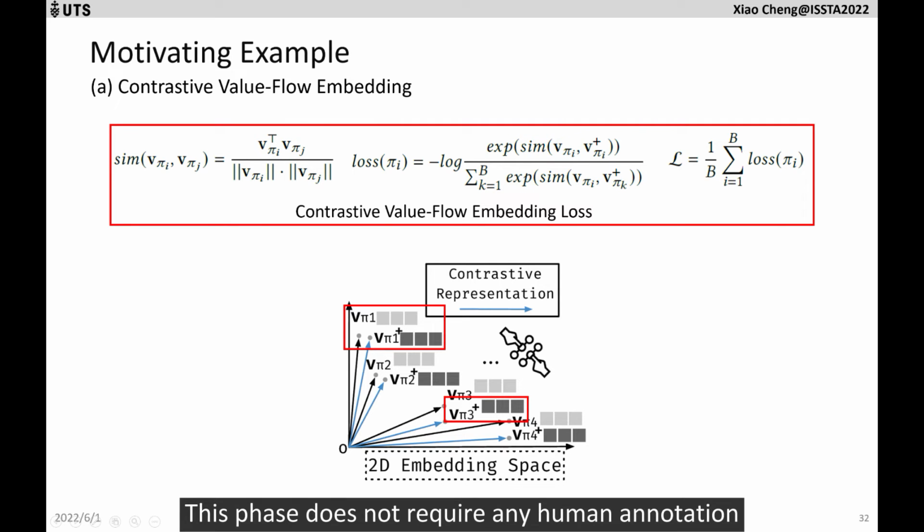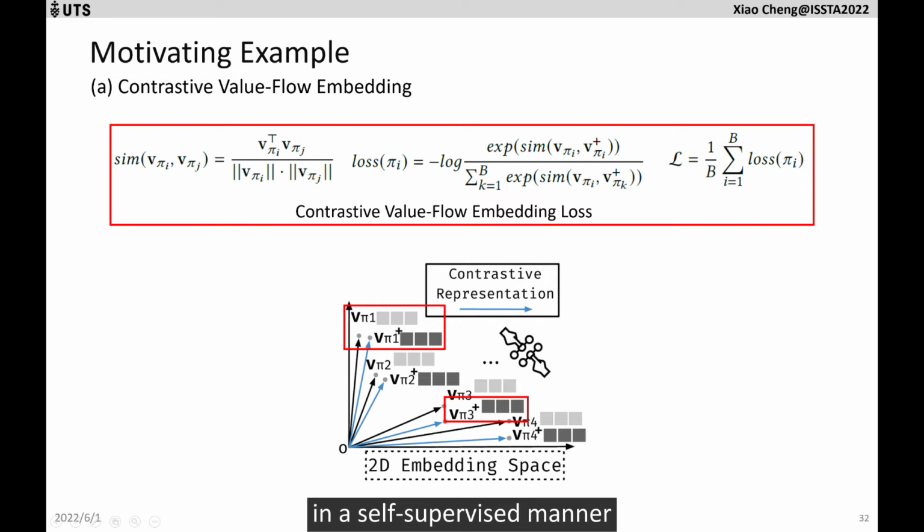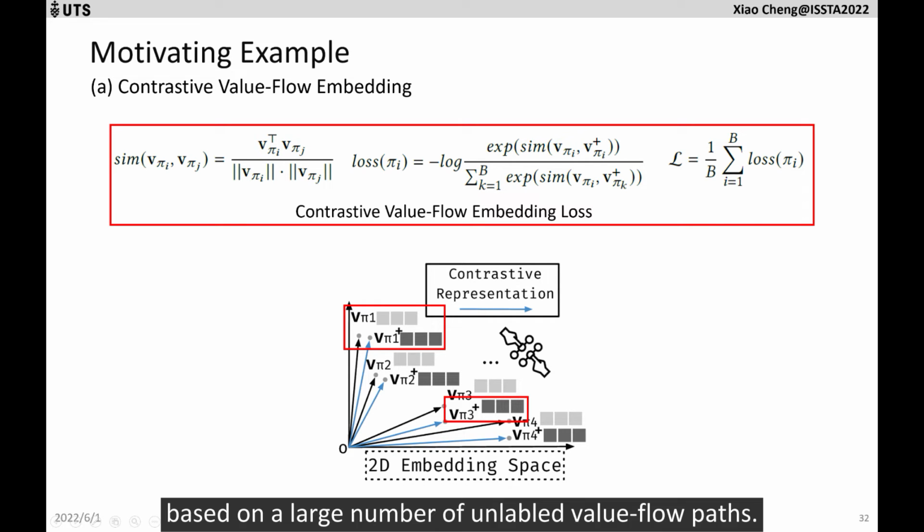This phase does not require any human annotation and is trained in a self-supervised manner based on a large number of unlabeled value flow paths. The pre-trained VPE will be used in the next two phases.